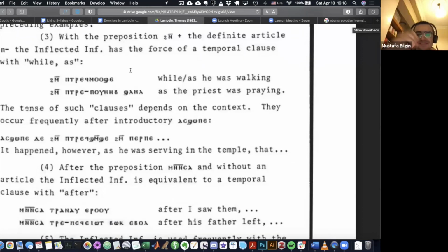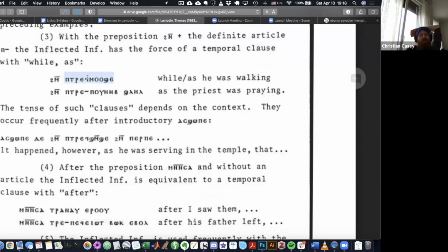Okay, anyway. So the causative infinitive can be nominalized in this construction. So hemp pref Moshe is literally, in his walking. You have this thing in Coptic where the infinitive with a suffix pronoun is objective. Like we saw a bunch of examples like ak pahtek, you prostrated yourself.